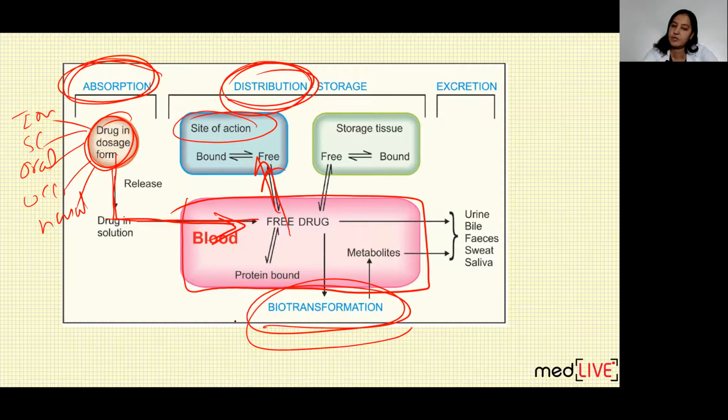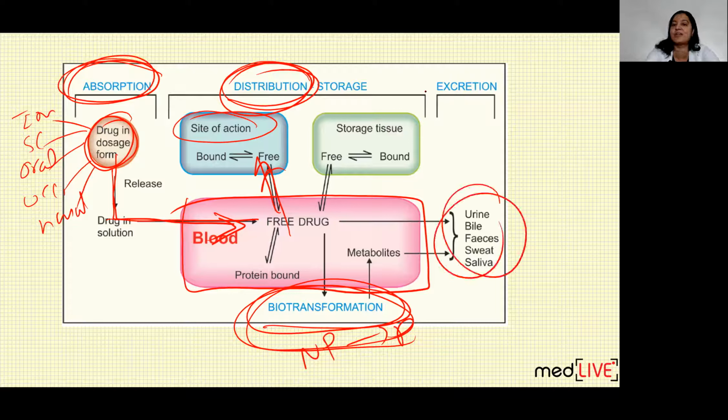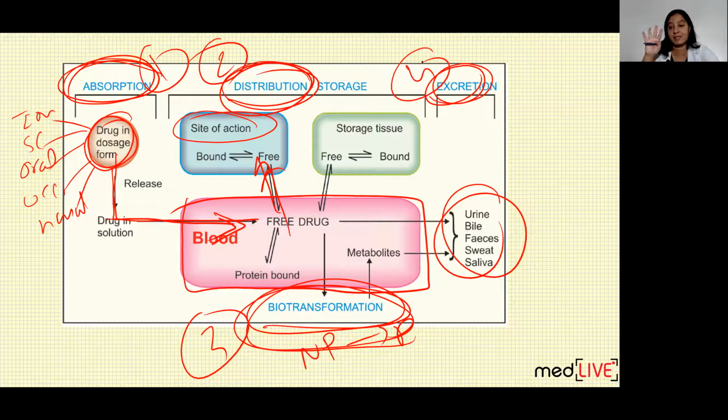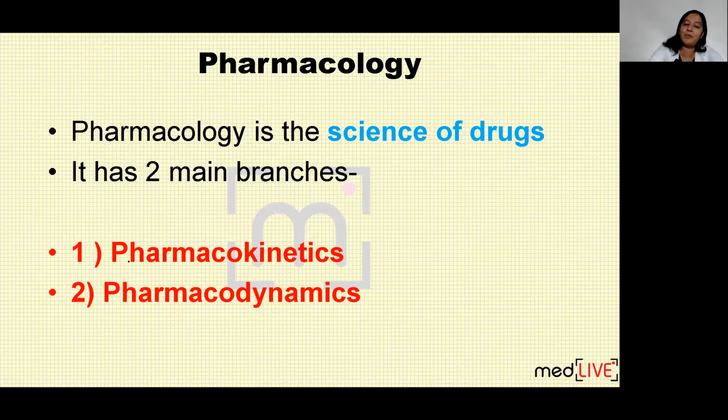Most biotransformations, 90%, occur in the liver. In the liver, the drug gets converted from non-polar form to polar form, and after that, it will be excreted. So that is the 4. So 1, 2, 3, 4. These are the 4 parts showing the various parts of pharmacokinetics of a drug. So that was all about pharmacokinetics.